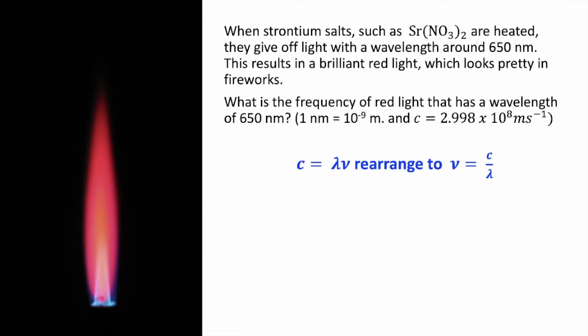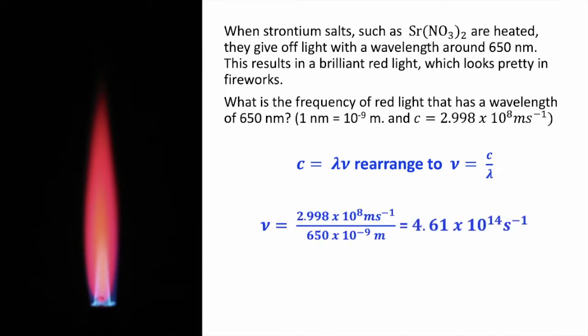We are interested in frequency, so we will rearrange our equation so that nu equals c over lambda. We put in our values, and our answer is 4.61 times 10 to the 14th hertz. We could also say 4.61 times 10 to the 14 seconds to the -1. Both of those are okay.